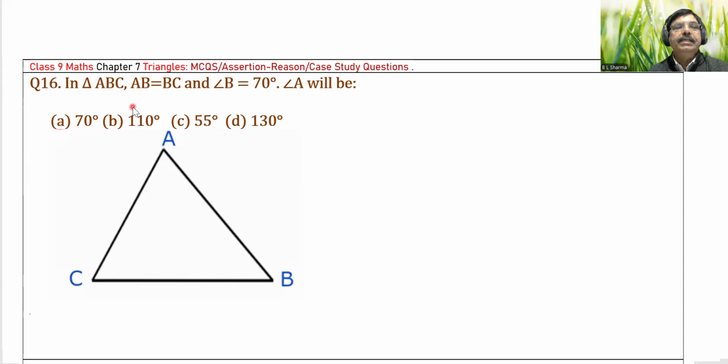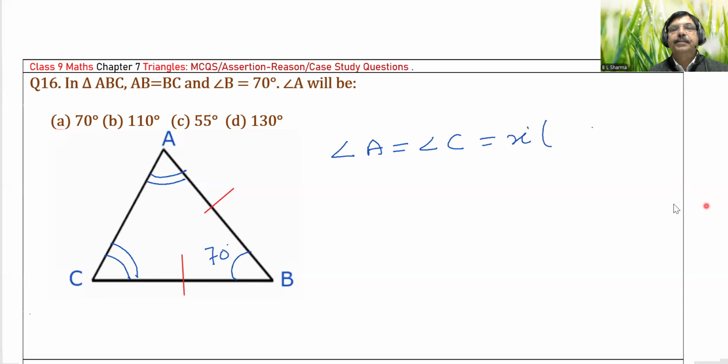In triangle ABC, it is given AB is equal to BC and angle B is equal to 70 degree. We know that when two sides of a triangle are equal, then their opposite angles are also equal. So angle A will be equal to angle C. But at the same time, we know that sum of all three angles of a triangle is 180 degrees. Suppose angle A equal to angle C is equal to x degree.